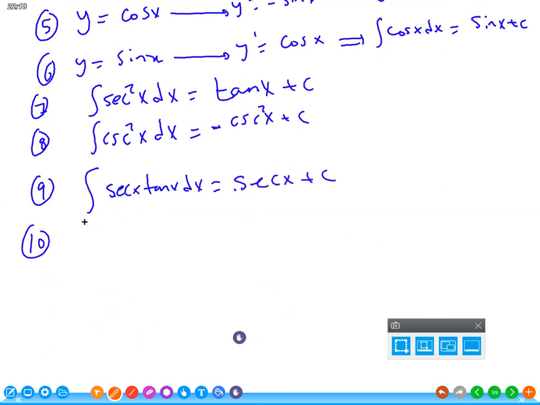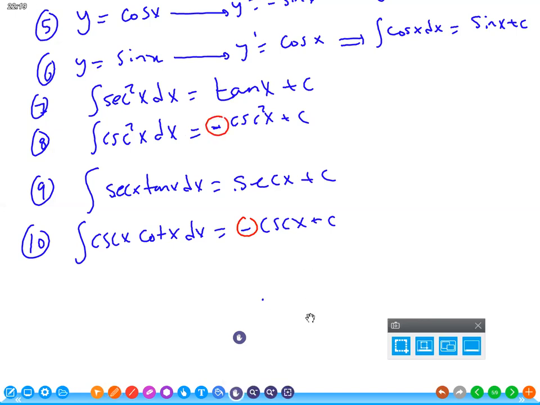10, cosecant x cotangent x dx. It's minus cosecant x. You see, when we have c, we put minus.